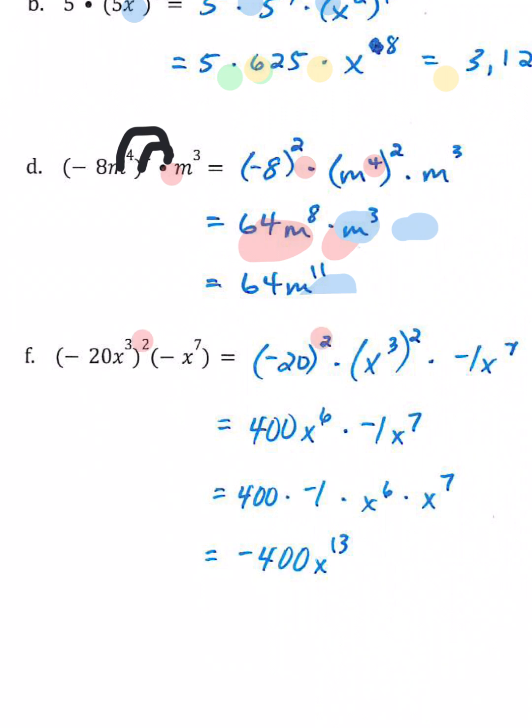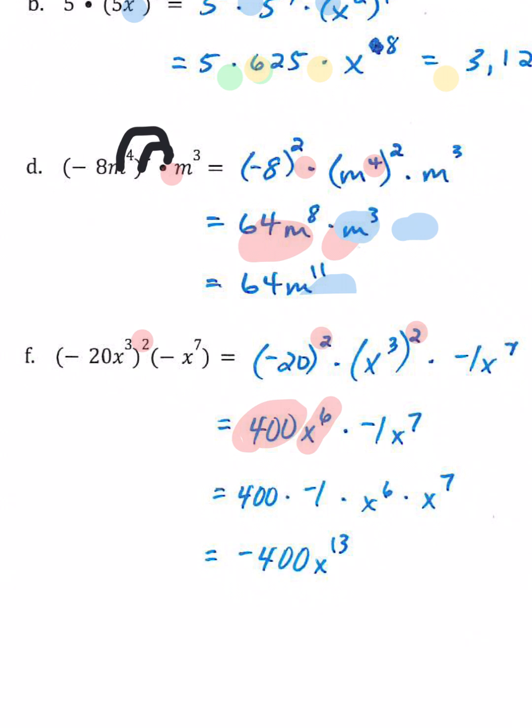We can share that 2 with the negative 20, and we can share it with x cubed. When we actually simplify that, negative 20 squared is 400, x to the third squared is x to the sixth. Then we multiply those terms together.